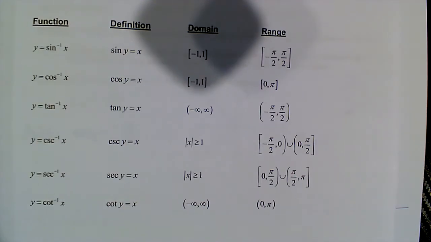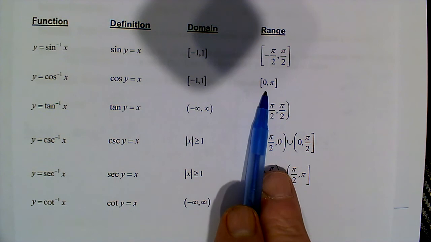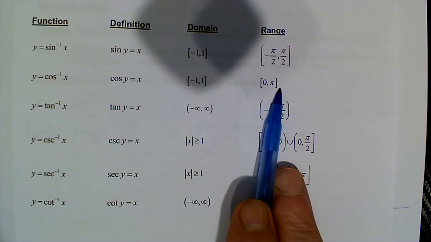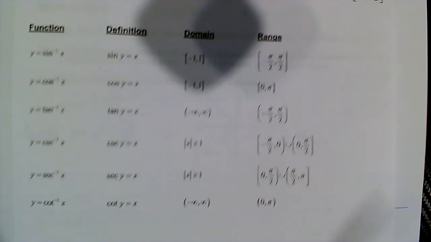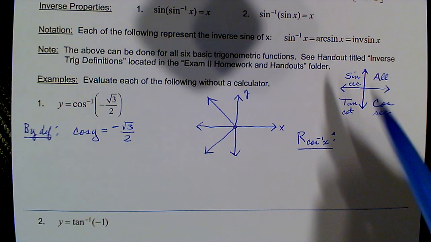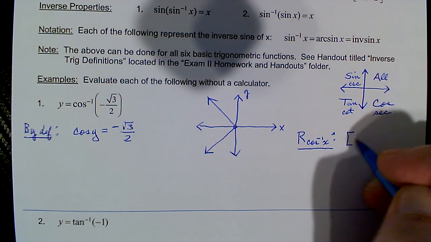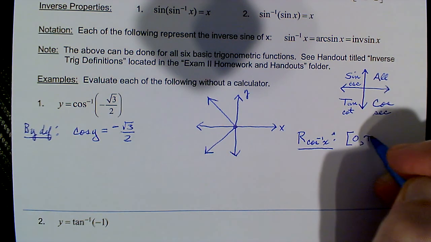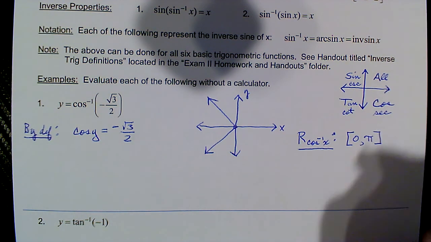If we look at that handout, for inverse cosine of x, the range is 0 to pi. So the range of the inverse cosine of x is from 0 to pi. Now you have to think of this as an interval.